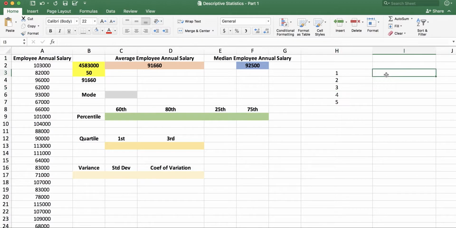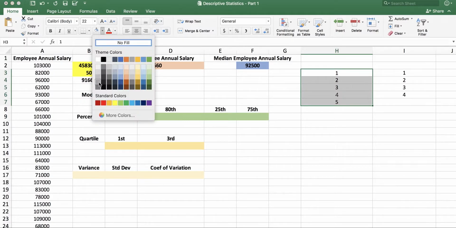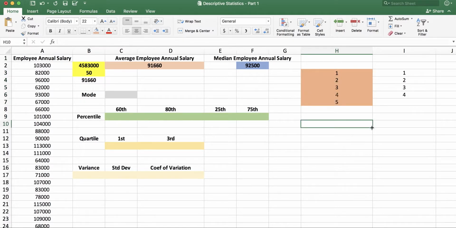But let's say that I have a data set with an even number of entries. With the data set on the left, since I have an odd number of observations, the value in the middle is 3. But if I have an even number of observations, what I will need to do is take the average of the values in the middle.